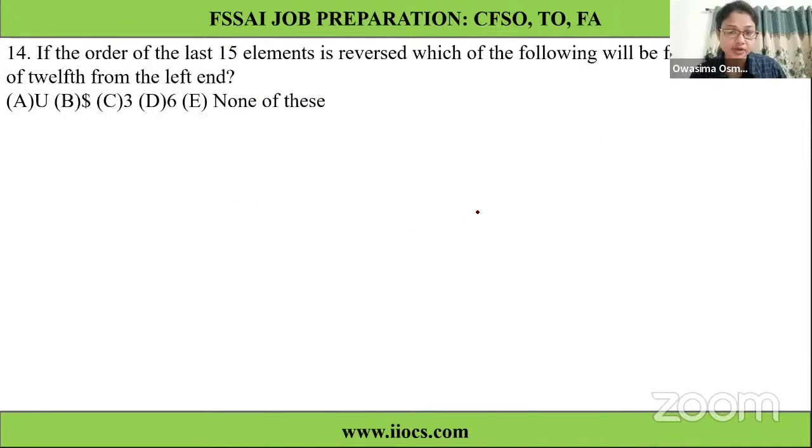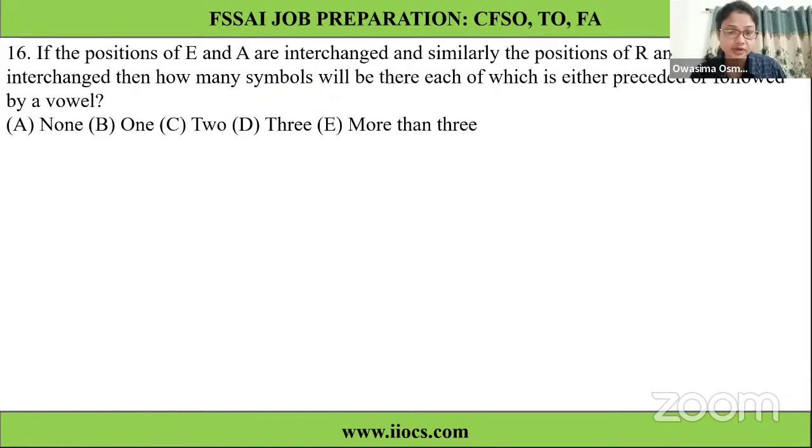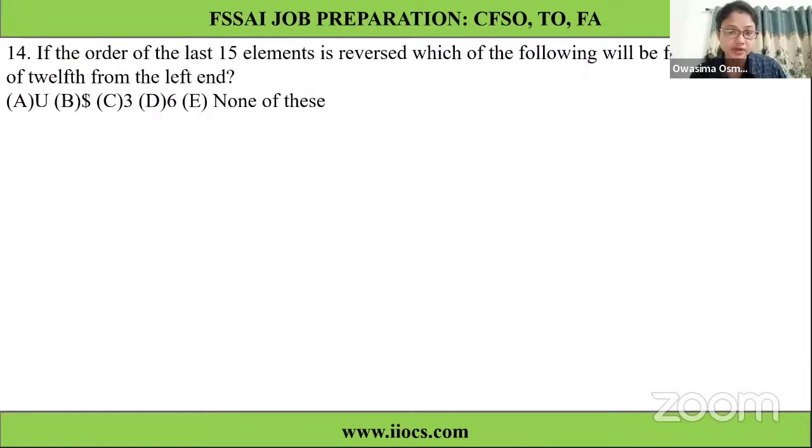And the question is, if the order of the last 15 elements is reversed, which of the following will be the 5th to the right of the 12th from the left end?